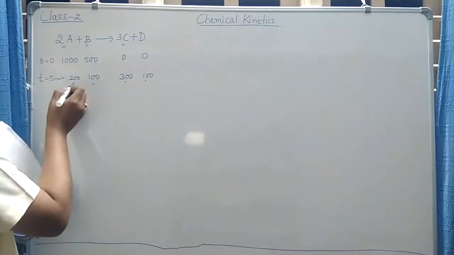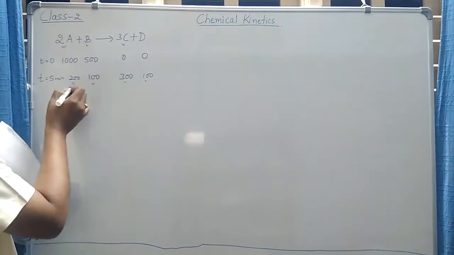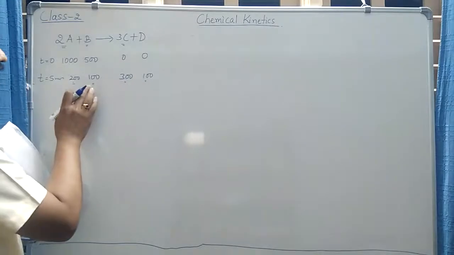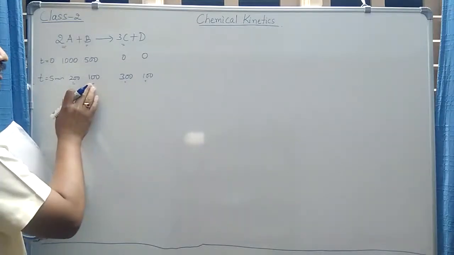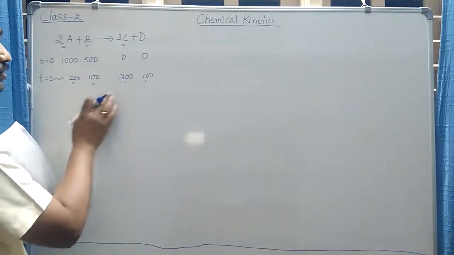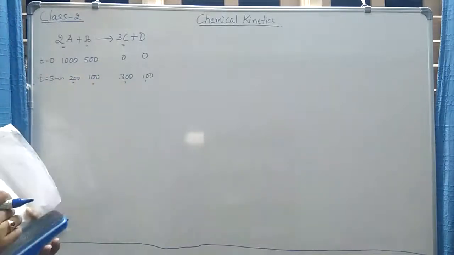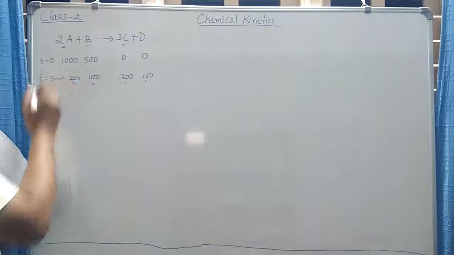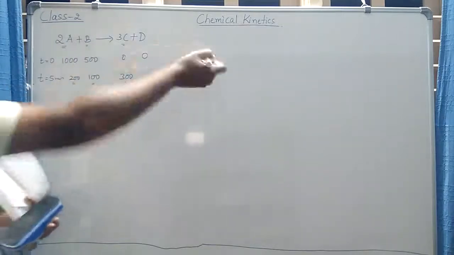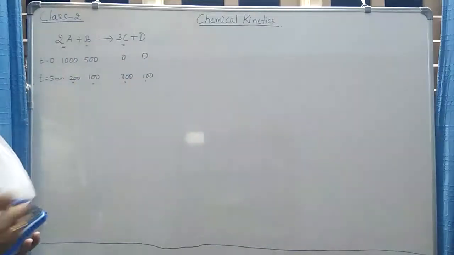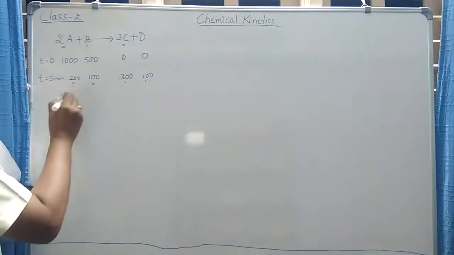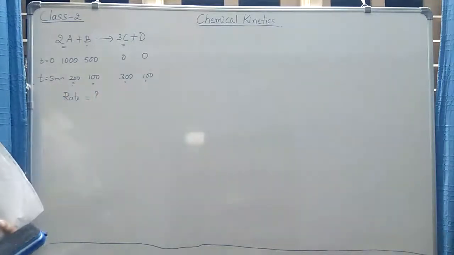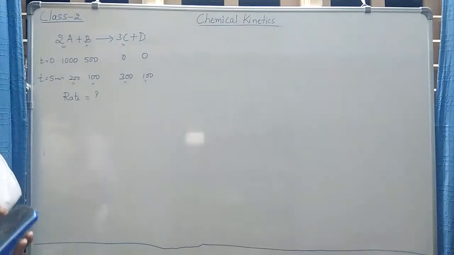Similarly, the rate of disappearance of A is not the same as the rate of formation of C, or the rate of disappearance of B is not the same as the rate of formation of C. So the rates of individual reactants reacting or forming are different. In such a case, how will you define the rate of this reaction?